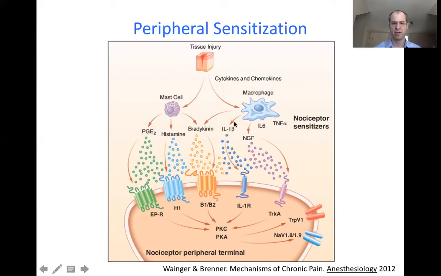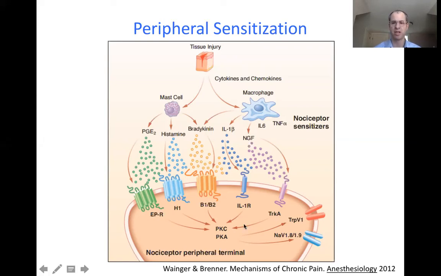These activate inflammatory cells that release their cargo and activate nociceptors. This activation really occurs through G protein coupled receptors that lead to intracellular signaling cascades that modify the ion channels and receptors that I talked about. For example, signaling through prostaglandin E2 leads to phosphorylation of TRPV1, and that phosphorylation allows the channel to be activated at less hot temperatures.